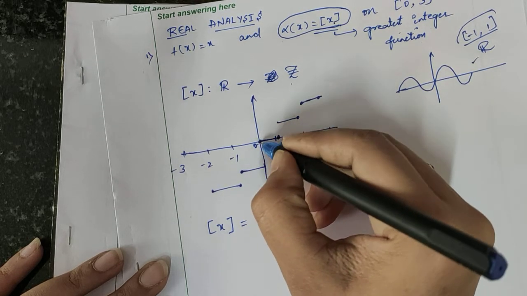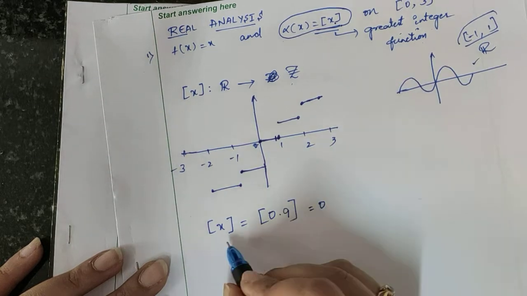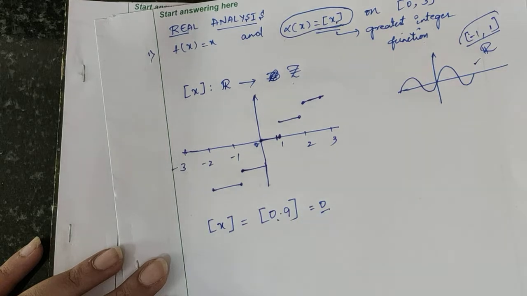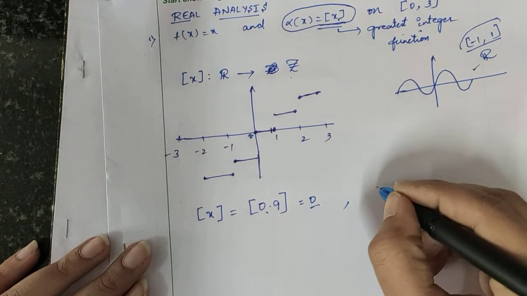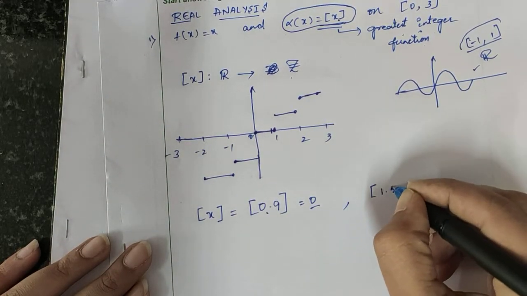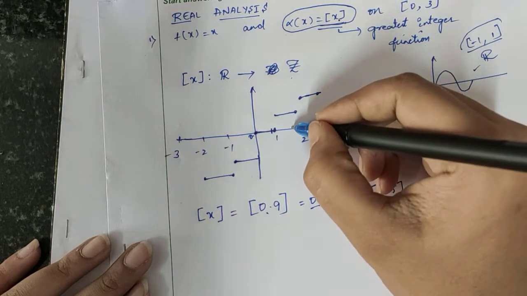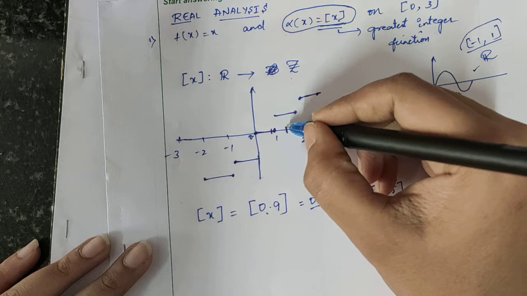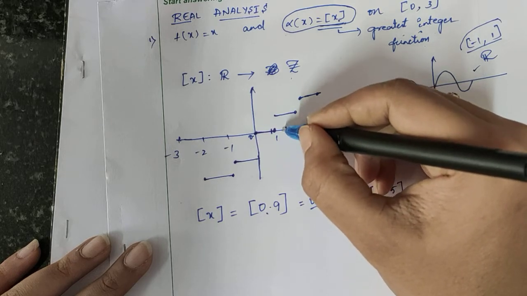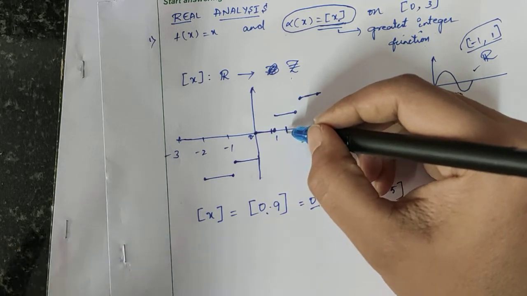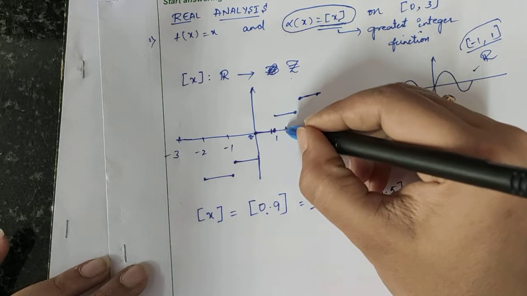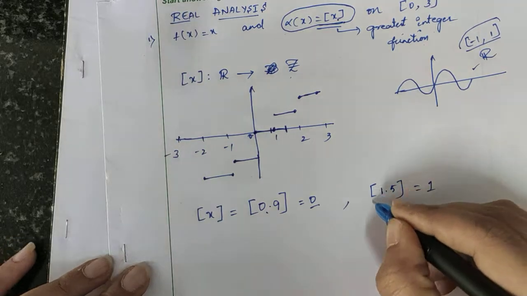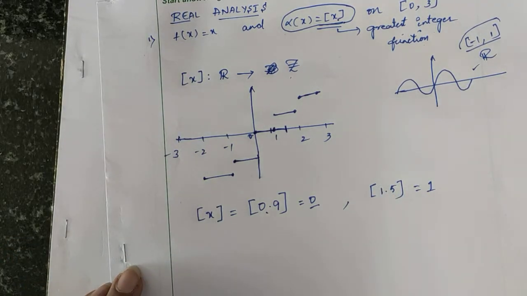That means here the greatest integer is 0, so the 0.9 value will become 0. Similarly, if I have 1.5, 1.5 will be somewhere here. You will consider the greatest integer before this point, excluding this point, so it will be 1. So my 1.5 value will be 1.